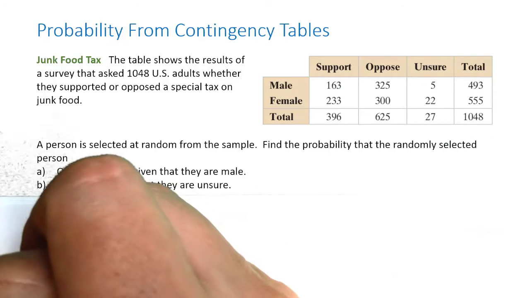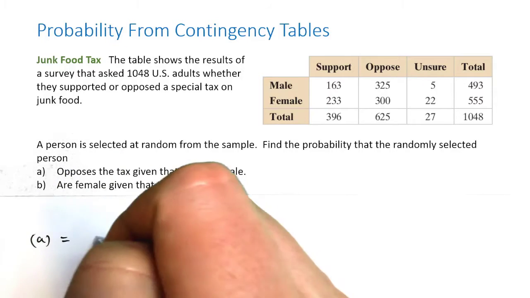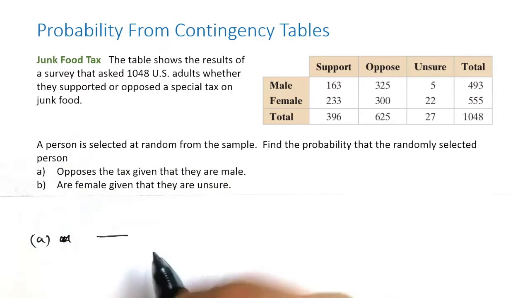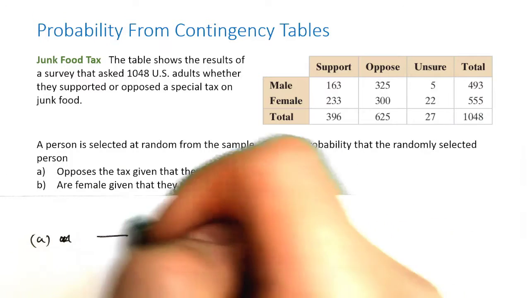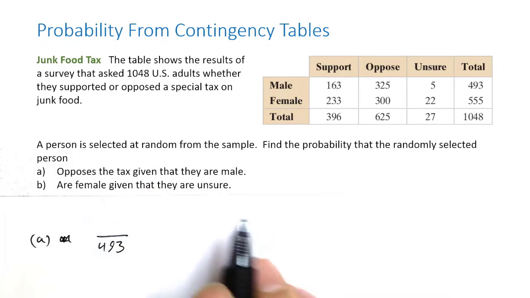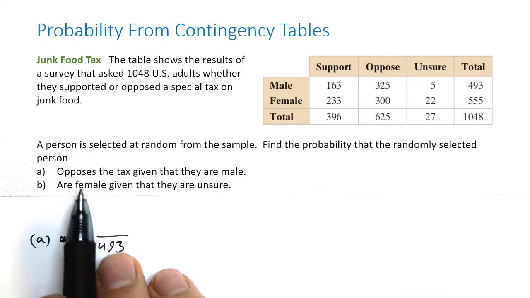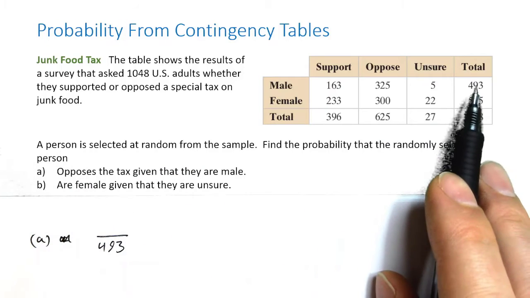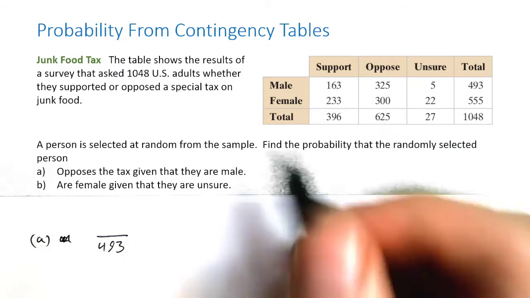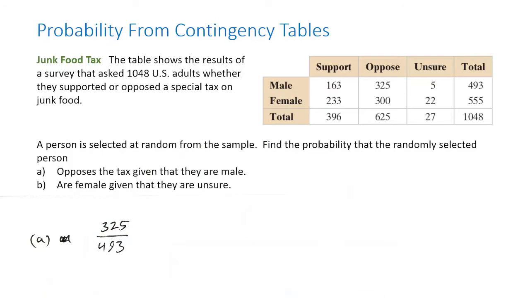So the probability for A is going to have a denominator of 493. And how many of them oppose the tax? Well, of these people, there are only 325 that oppose the tax. So this is how we would answer A.